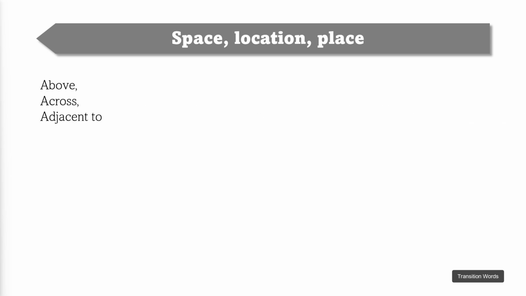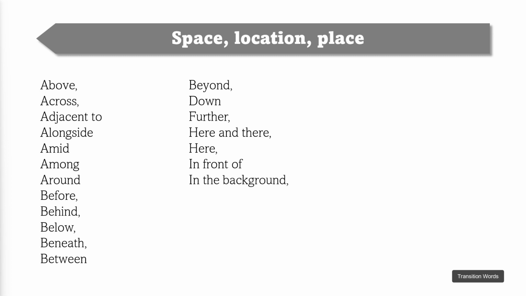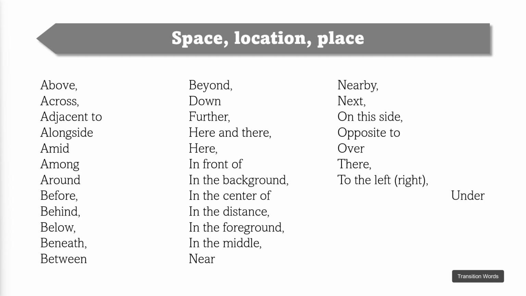Above, across, adjacent to, alongside, amid, among, around, before, behind, below, beneath, between, beyond, down, further, here and there, here, in front of, in the background, in the center of, in the distance, in the foreground, in the middle, near, nearby, next, on this side, opposite to, over, there, to the left or to the right, under, up, and wherever.